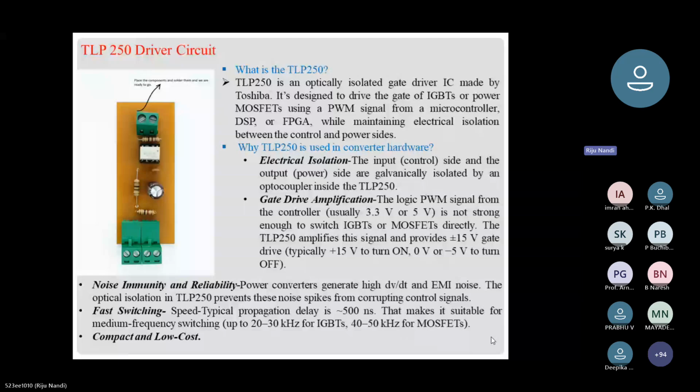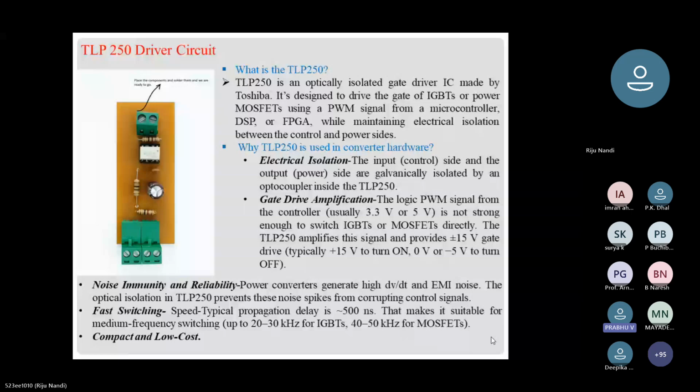For example, we are giving the positive 15 voltage to turn on the IGBT or MOSFET. Similarly, to turn off the IGBT fast, do we either supply negative 15 voltage or is there no need?